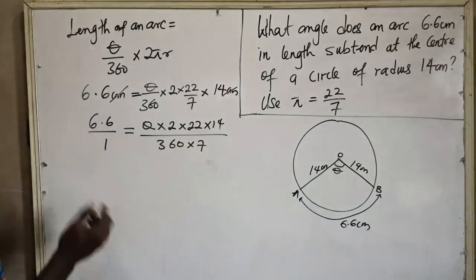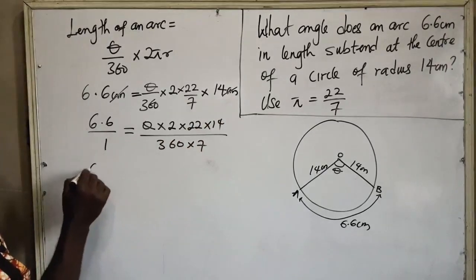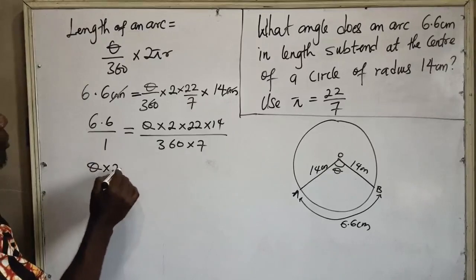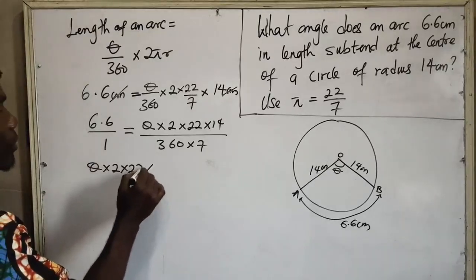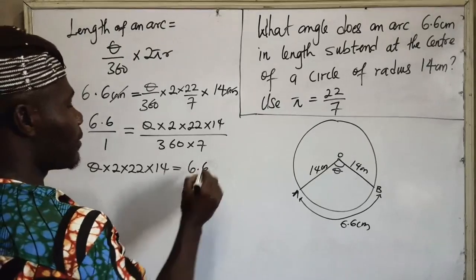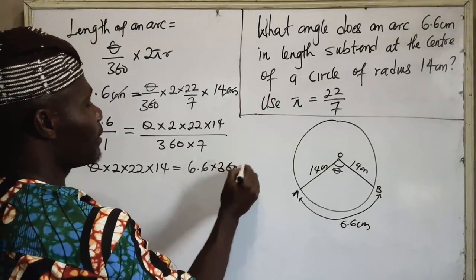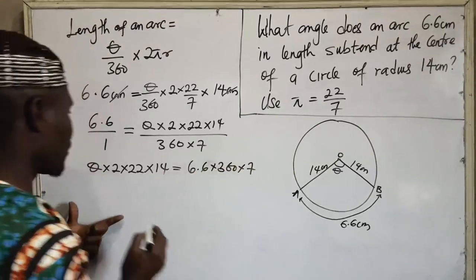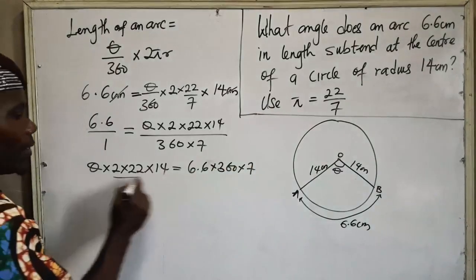Let's cross multiply. We have theta times 2 times 22 times 14 is equal to 6.6 times 360 times 7. So let's divide all through by this.